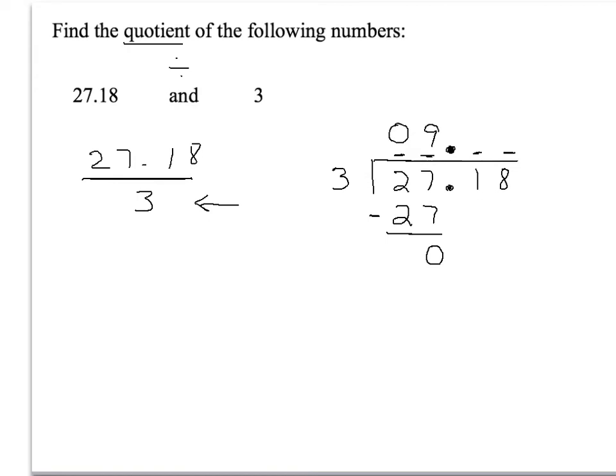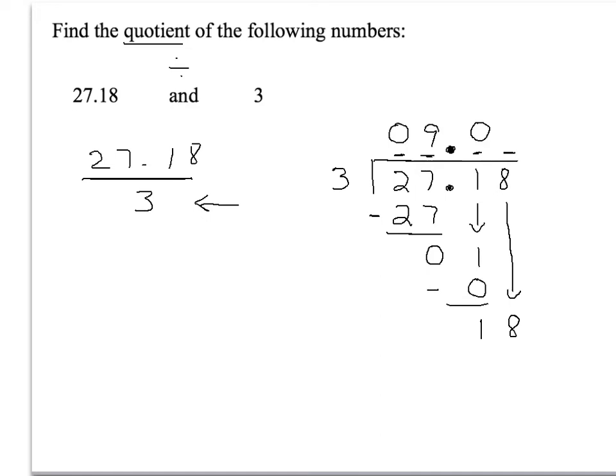Okay? Now, I'll bring down this 1 and start over again. How many times does 3 go into 1? And right above that 1, I'm going to answer that question. 3 goes into 1 0 times. And 0 times 3 is 0. I subtract this off, and 1 minus 0 is 1. And then I'm going to bring down this 8.